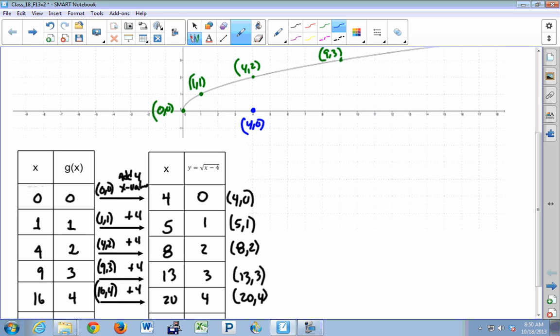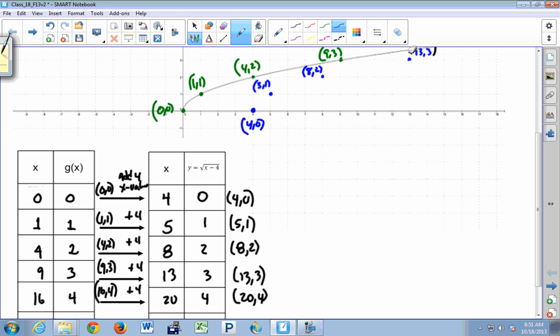And then 1 moves 4 units to the right, and it's 5, 1. And 4 moves 4 units to the right, and it's 8, 2. And 9 moves 4 units to the right, and it's 13, 3. Okay?